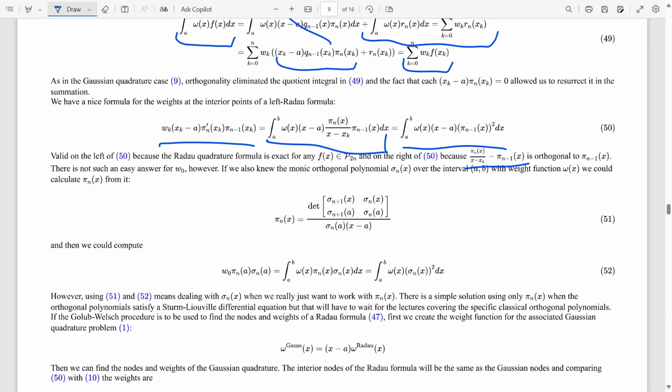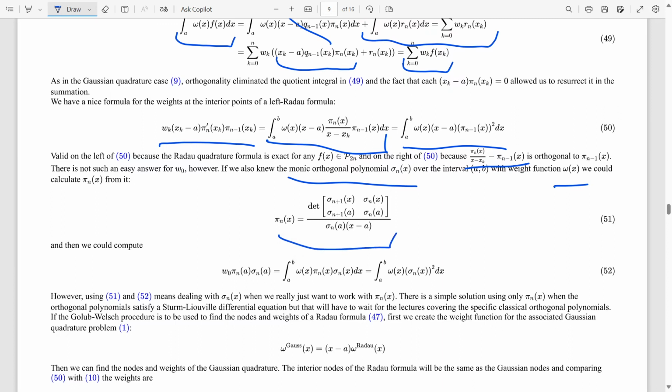The weight W naught is a bit more awkward. We could construct the monic polynomial sigma n of x, which is orthogonal over a, b with weight function omega of x, and write pi n of x in terms of it.